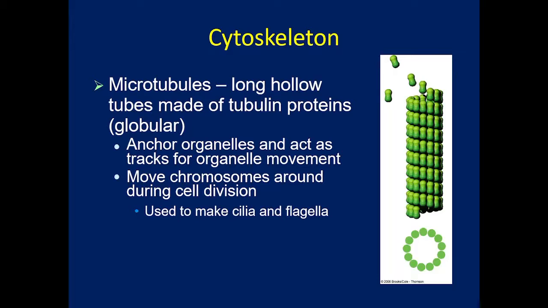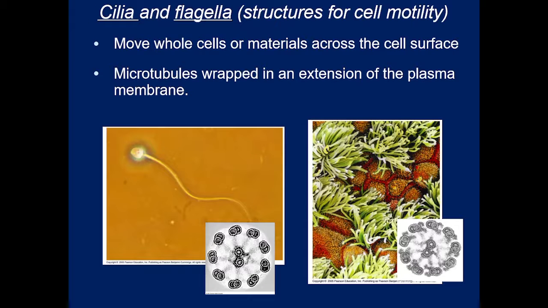Microtubules, which are present in the cytoskeleton, are long hollow tubes made up of tubulin proteins. Cilia and flagella, which are used for movement and cell motility, are microtubules wrapped in an extension of the plasma membrane.